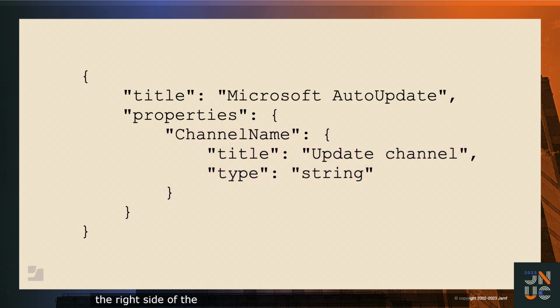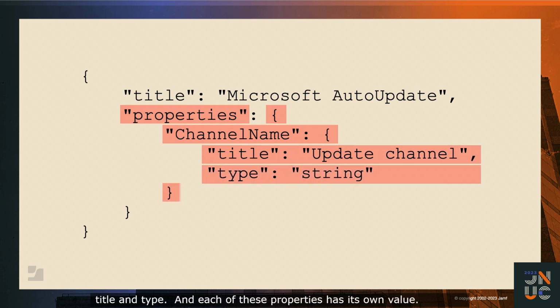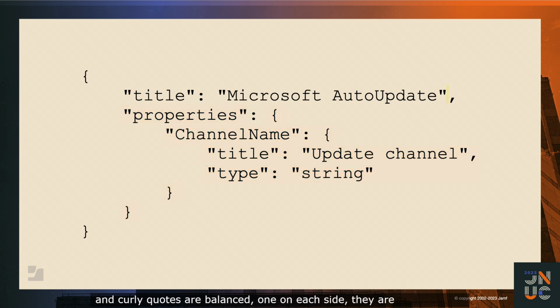But wait, there's more. We also have a property whose value is not only an object, but it contains a nested object. And note the curly braces are balanced, one on each side. They're just like single quotes or double quotes in scripts. They must always balance.